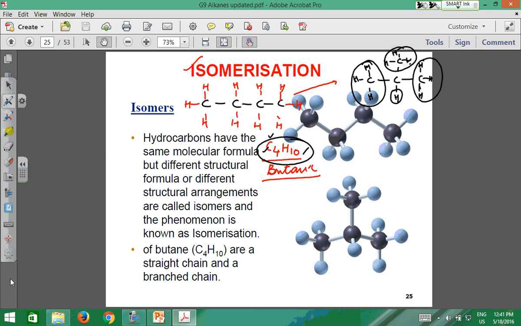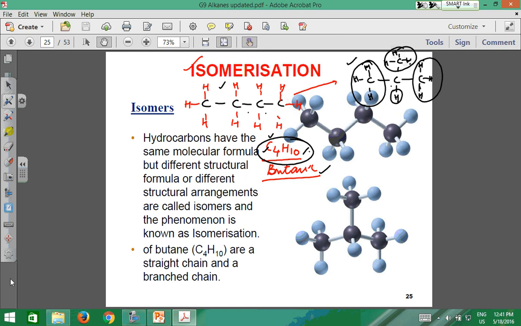So specifically students need to write: compounds that have the same molecular formula but different structural formula are called isomers. So one is this, another is this. These two are the 2 isomers of butane.